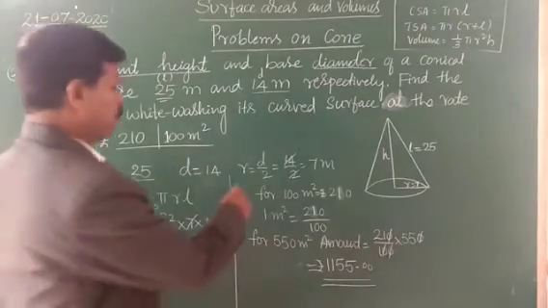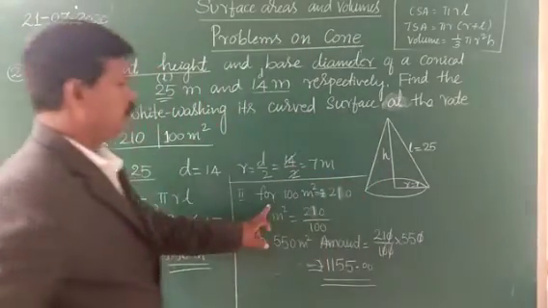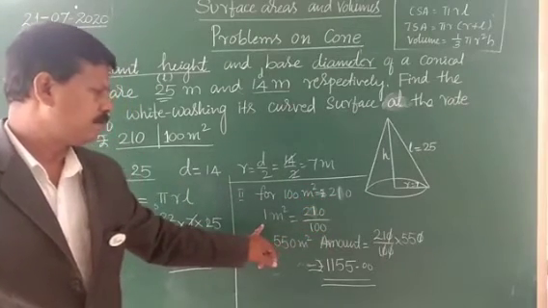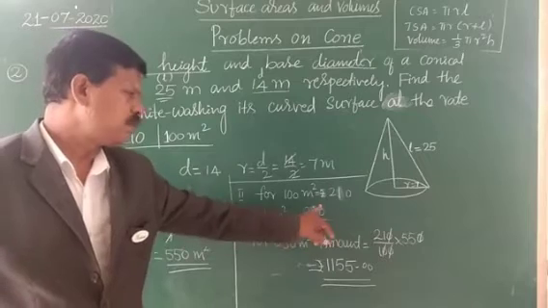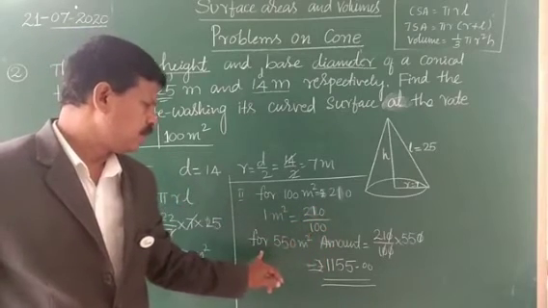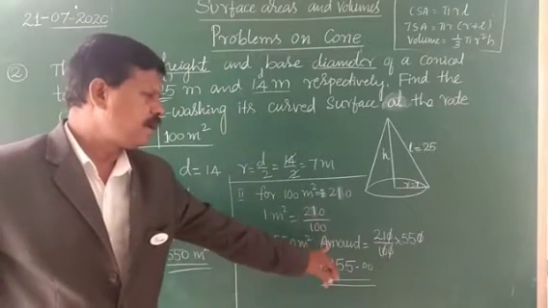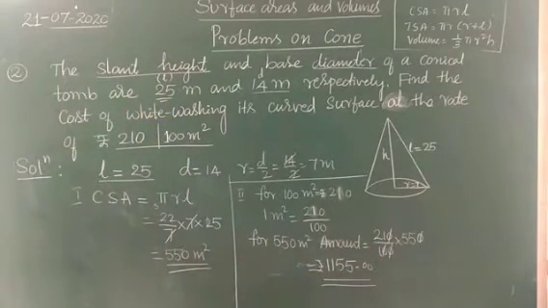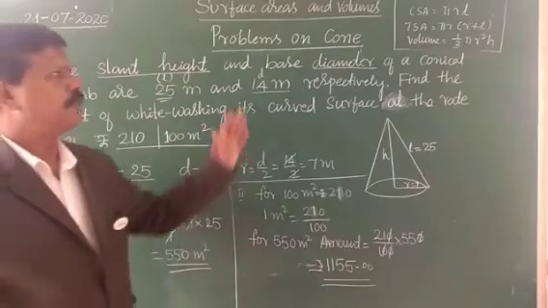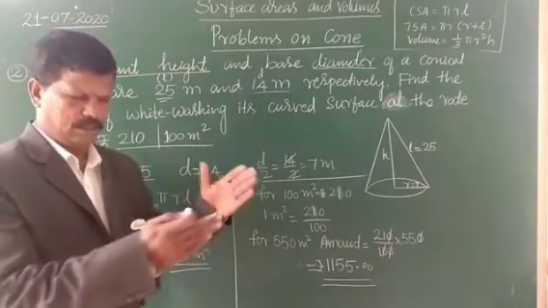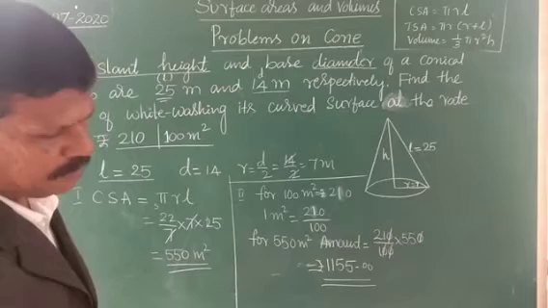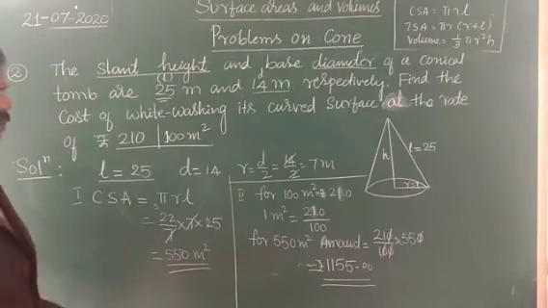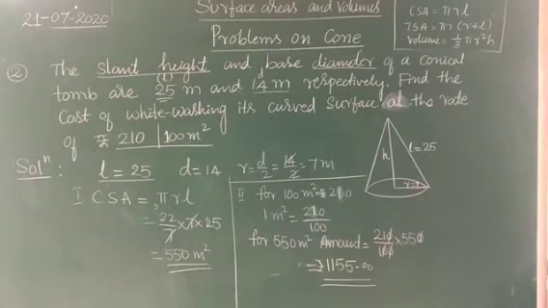Then second step: for 100 square meter they given 210, so for 1 square meter, this is 210 by 100. So for 550 square meter, amount is equal to 1155 rupees. Clear? This is the cost of whitewashing, similar to what we did in the cylinder. Same thing for cone also.